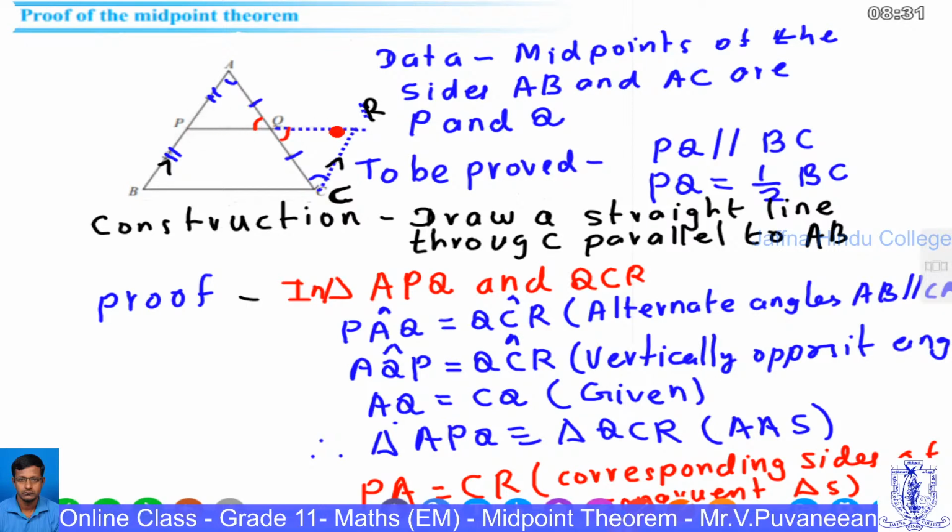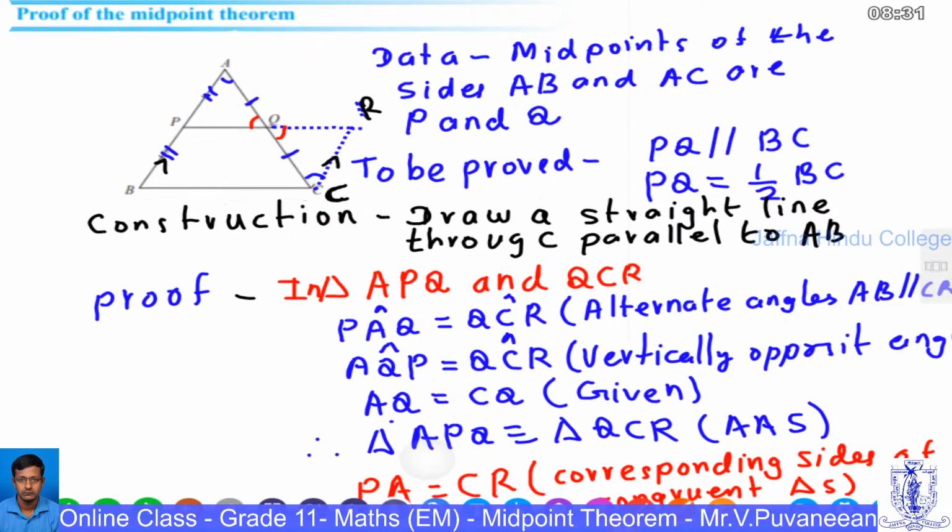But PR equal BC, opposite sides of a parallelogram. So these two are equal. We can put PR equal to PQ plus QR because Q is the midpoint. We can put BC instead of PR. So PQ equal to half BC.